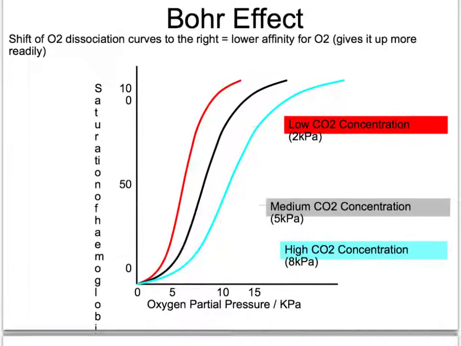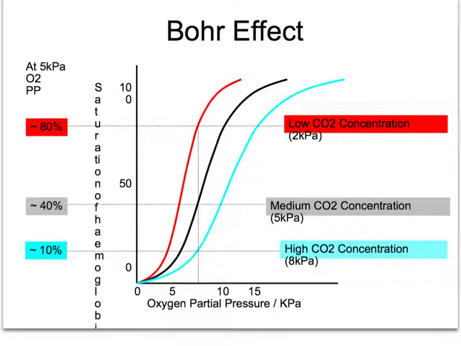And the final slide here shows you the effect of that. So at a given oxygen partial pressure here, I've chosen 8 kilopascals of oxygen or thereabouts. In the low carbon dioxide concentration, the blood is still about 80% saturated with oxygen. The blood hasn't released its oxygen as readily. At a medium carbon dioxide concentration, because this curve shifted to the right, it's now only holding on to 40% of its oxygen or thereabouts.